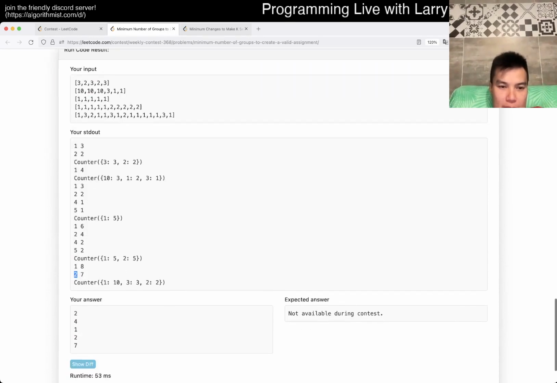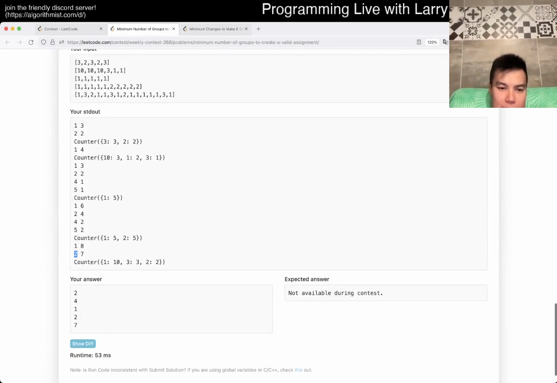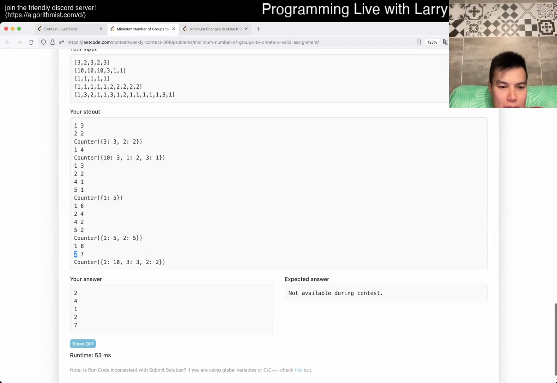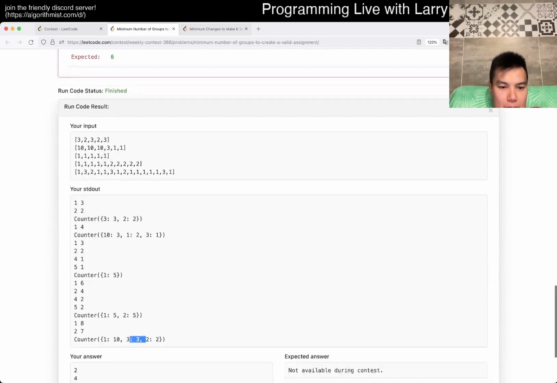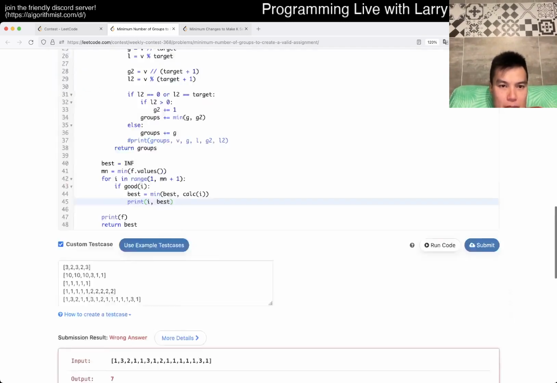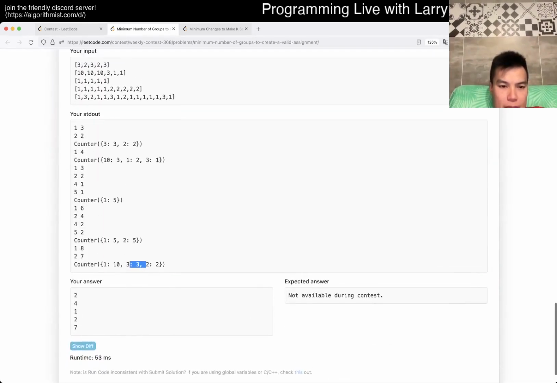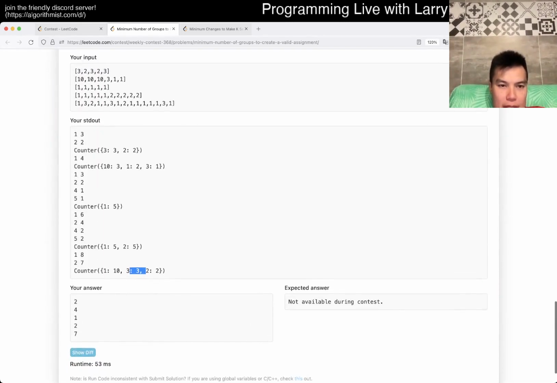We could do 6. So I guess that means that idea is a little bit wrong. We go up to 3. For 2 it's 7. Is that true? That's 5 groups here. 6, 7, 8. No, 7.